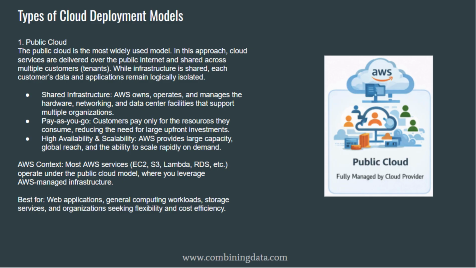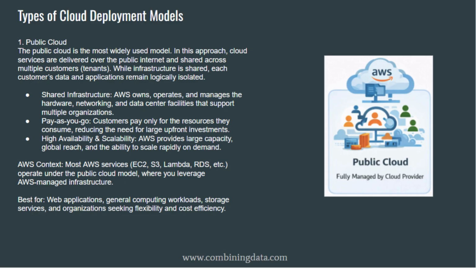AWS handles all of that for you. Example: multiple companies run their applications on Amazon EC2, but each company's instances, networks, and data remain isolated through AWS virtualization and security controls.